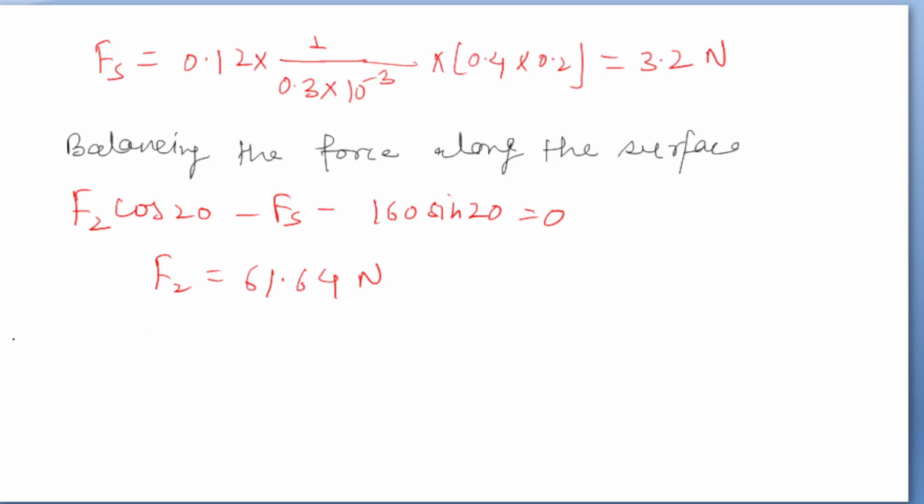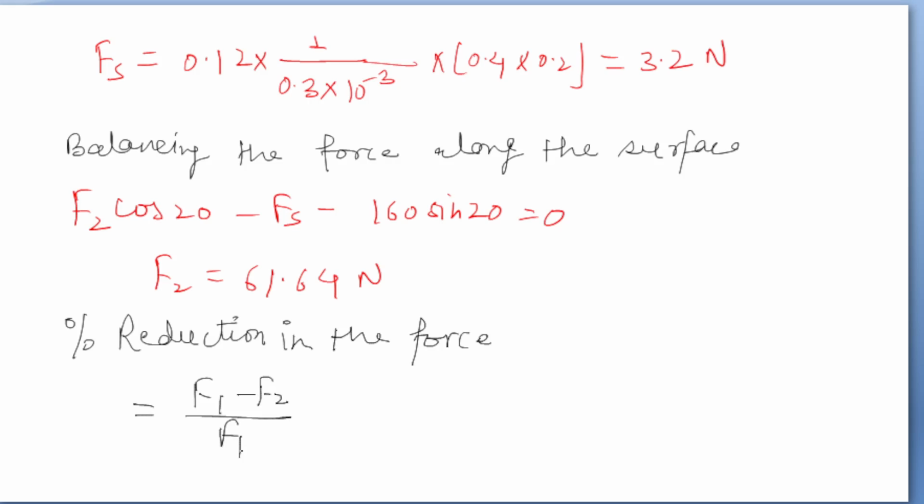Now the percentage reduction in the force is F1 minus F2 divided by F1, that is 109.23 minus 61.64, divided by 109.23, into 100.